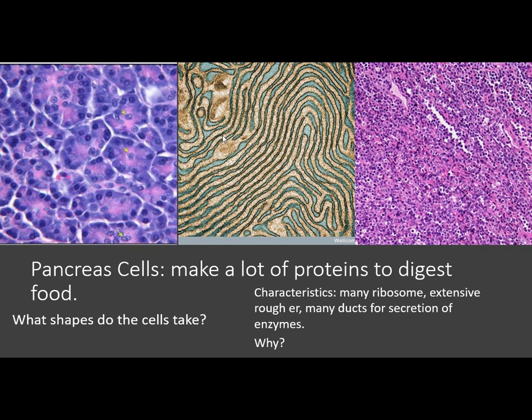If you look back in your notes, it talks about the pancreas and what it does there. Many ducts for secretion of enzymes. So that's pancreas cells. Why do you think they are shaped this way and have these characteristics? Pause the video and write that down.